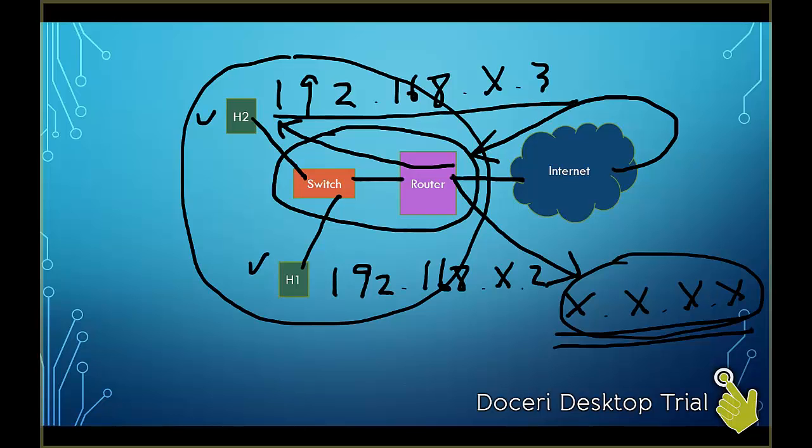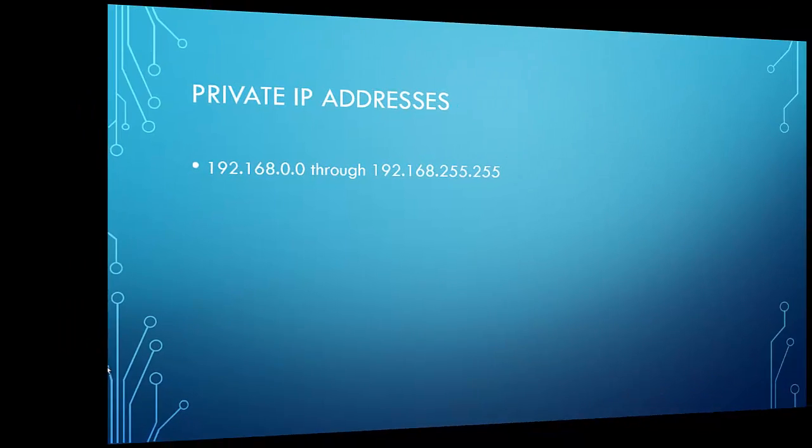So as you can see, in this scenario you actually require a lot of translations between the IP addresses, and that's one of the reasons why this scheme is called network address translation.